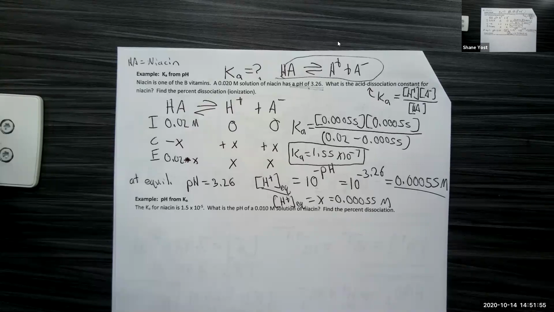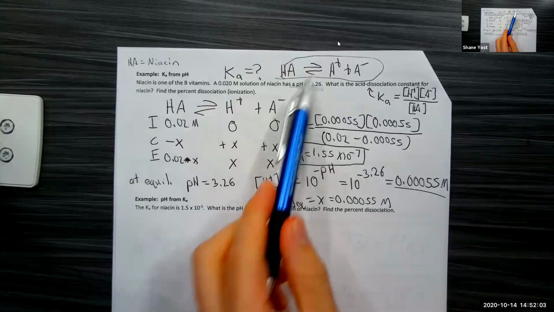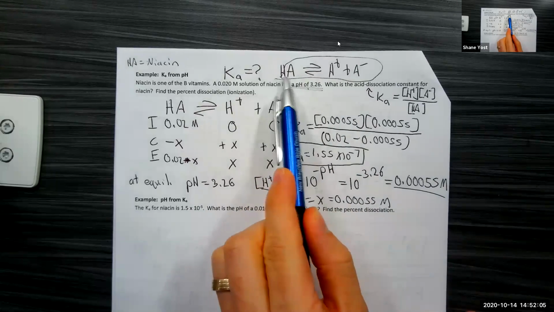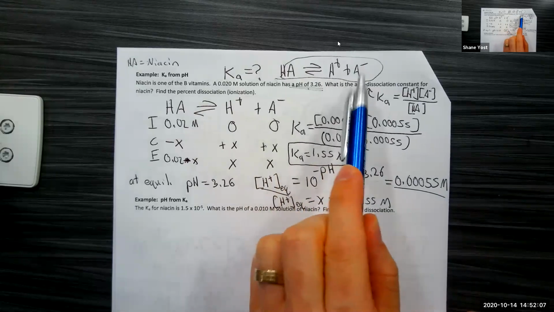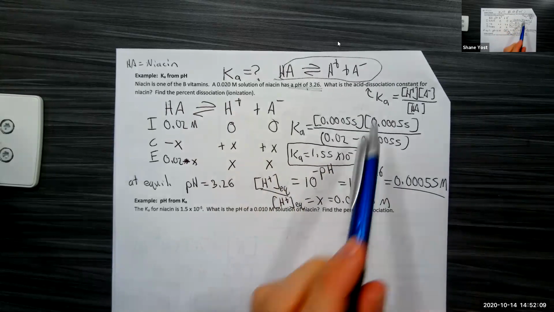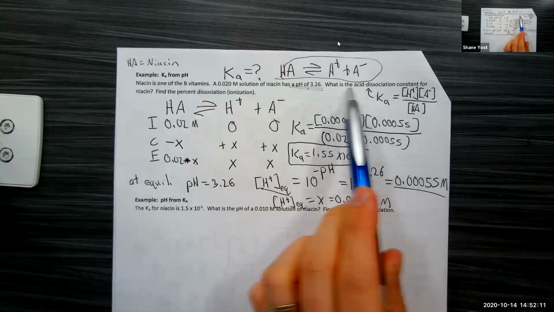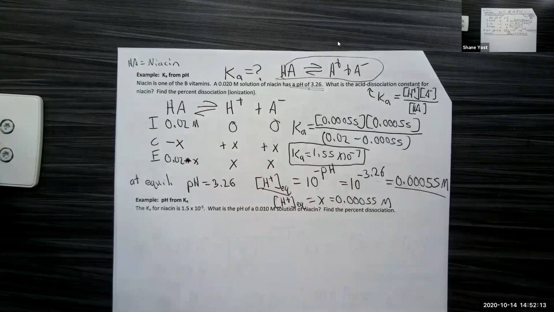If you see that term, it refers to the equilibrium constant for the weak acid dissociation equilibrium, which is HA breaking apart into H plus and A minus. If I have an equilibrium reaction and I'm trying to figure out Ka or an equilibrium concentration of something, that tells me I need to use an ICE chart.